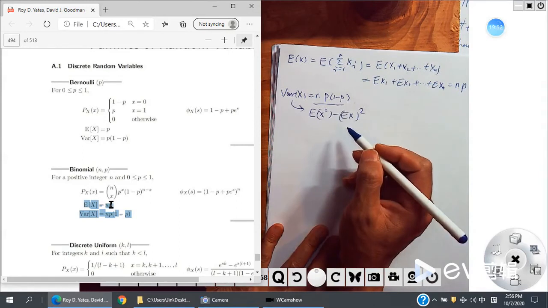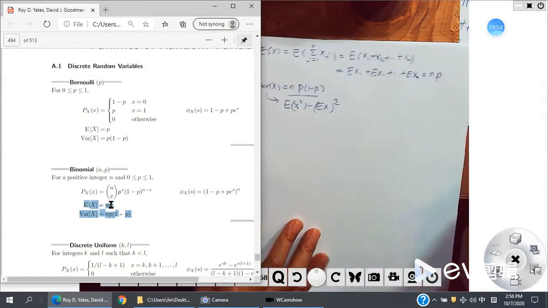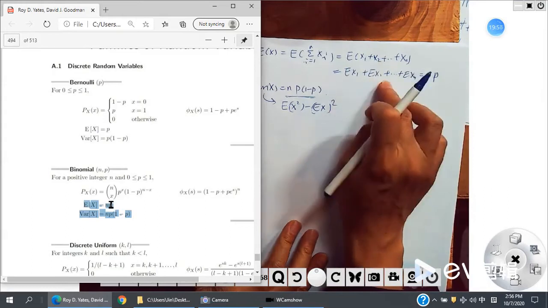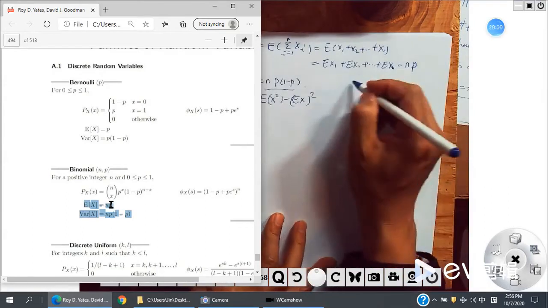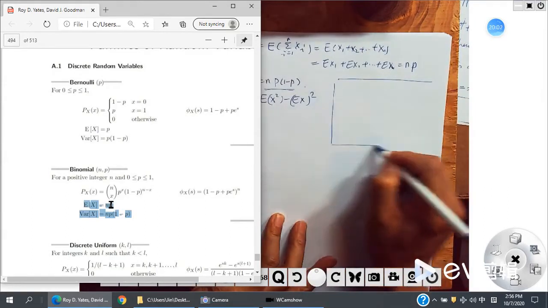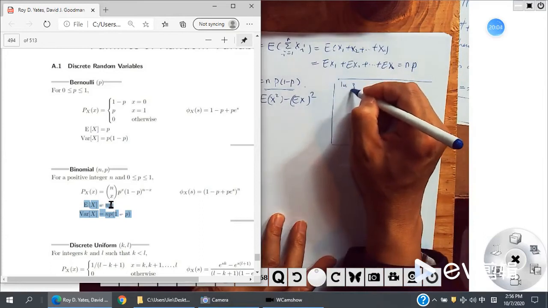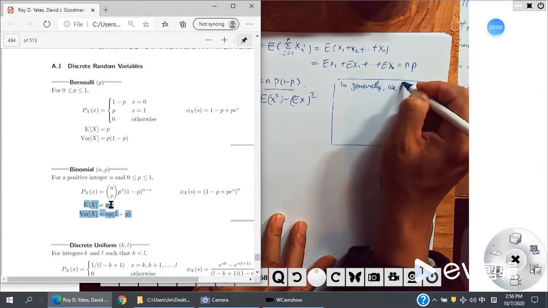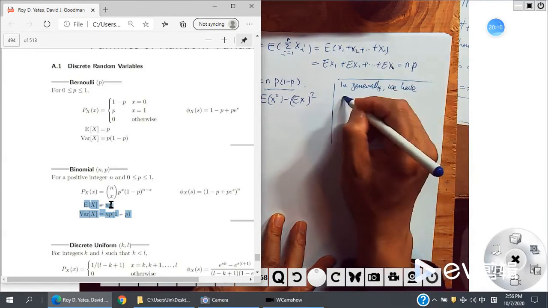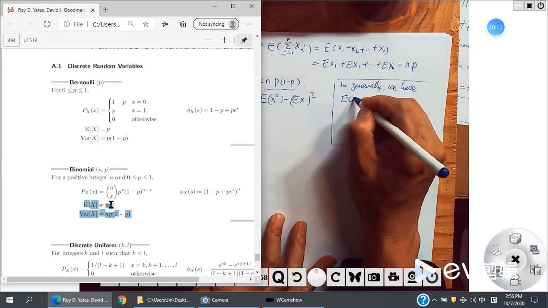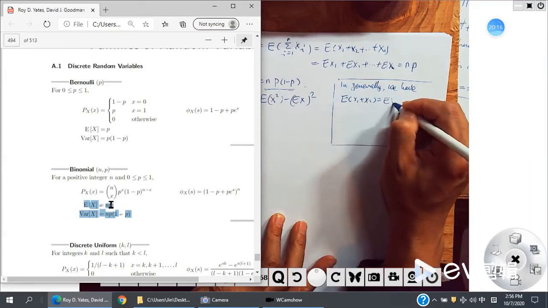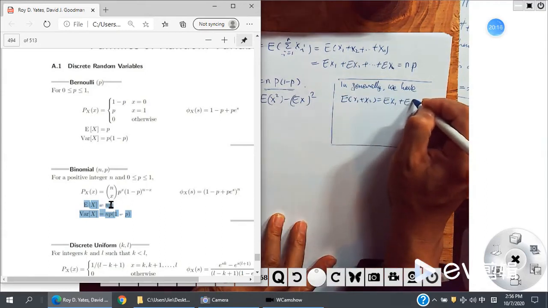And actually here we need the condition of independence. They are independent of each other, otherwise you cannot write it this way. Generally we have the expectation of x1 plus x2 equal to E x1 plus E x2.